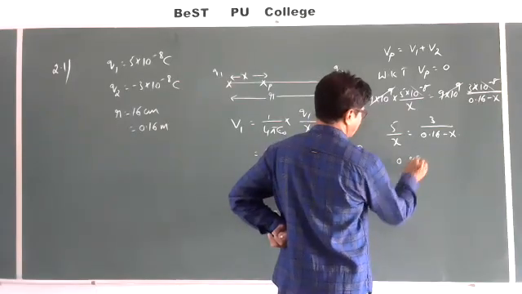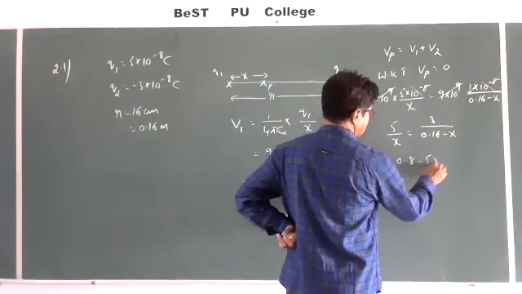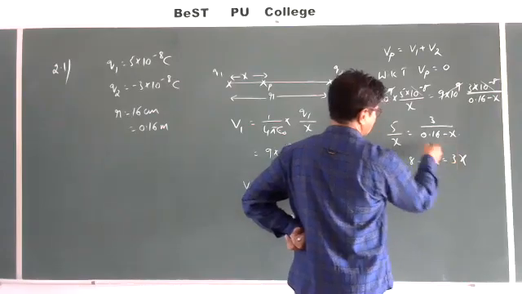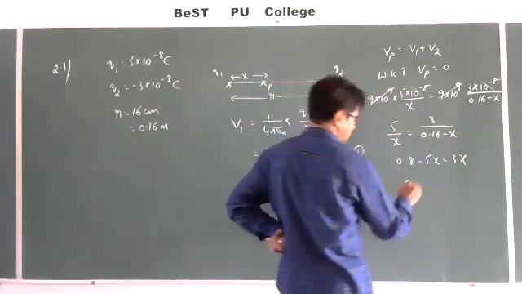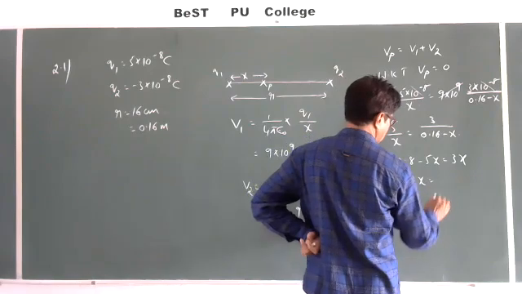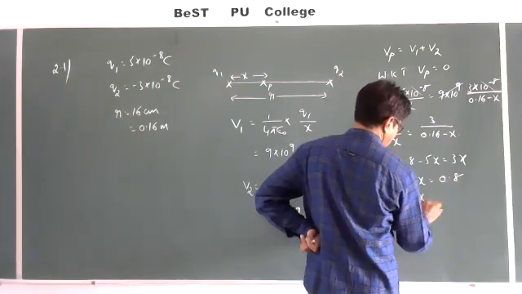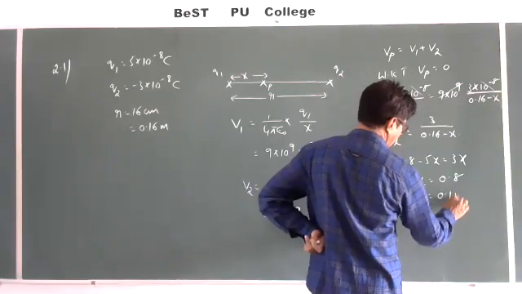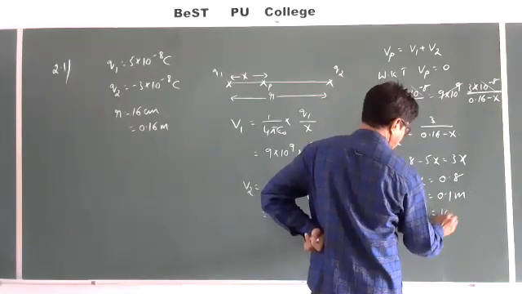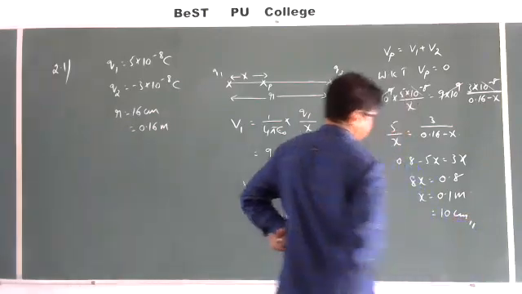So 0.8 minus 5x is equal to 3x. So 8x is equal to 0.8. x is equal to 0.1 meter, which is equal to 10 centimeter.